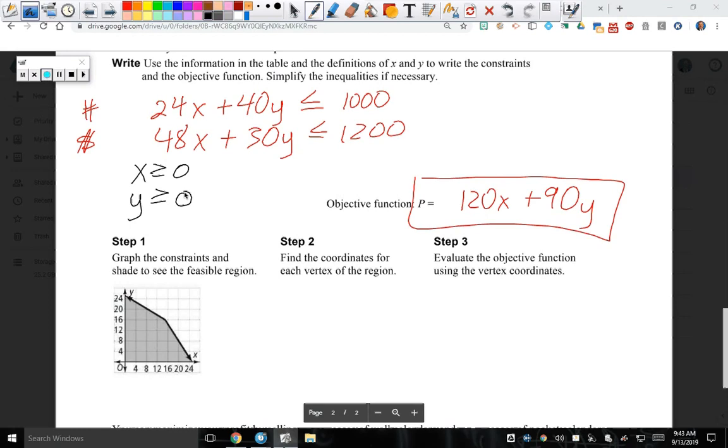It says graph the constraints and shade to see the feasible region. All they did here is they basically reduced a form of what you have in the first one. Let's say we reduced the first equation by dividing everything by 8. What would you get? 3x plus 5y is less than or equal to what?